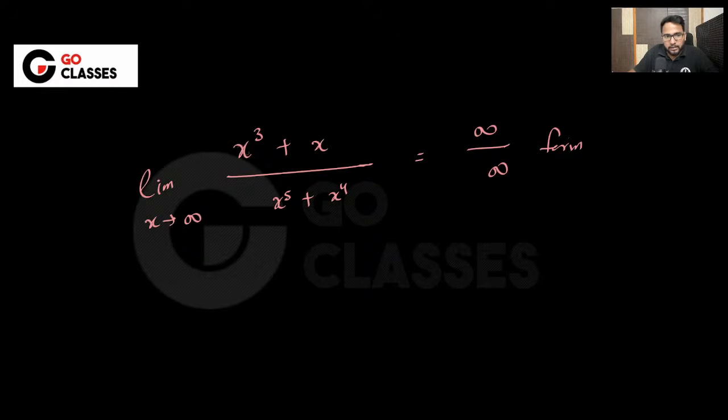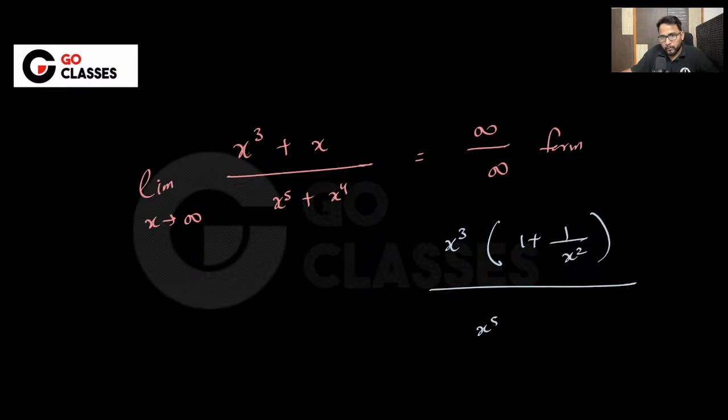You can take x power 5 common here. So basically it will be x cube, you can take common from this. It will be 1 upon x square, 1 plus 1 upon x square. You take x power 5 common, it will be 1 plus 1 upon x, right? Okay.